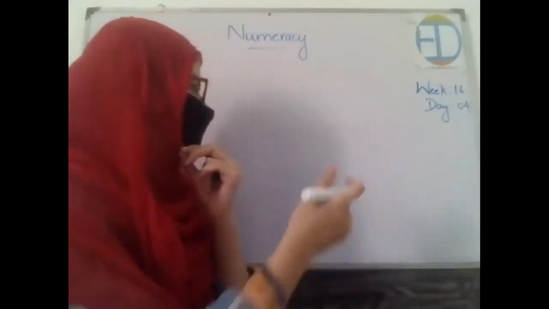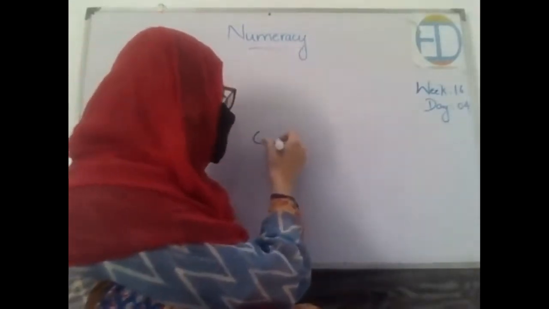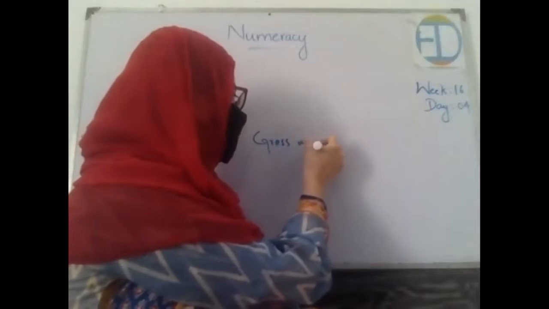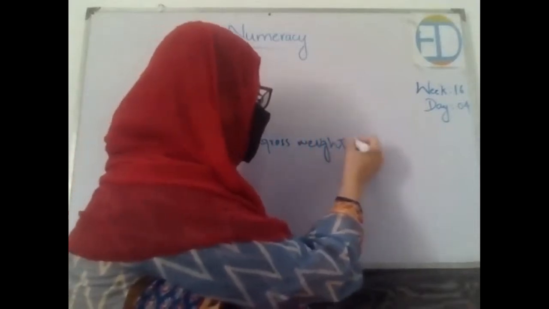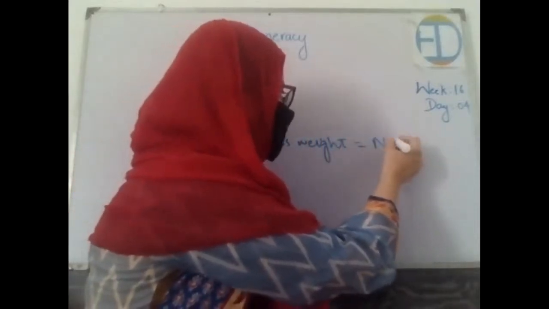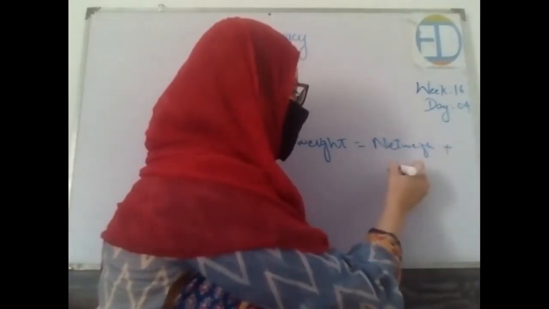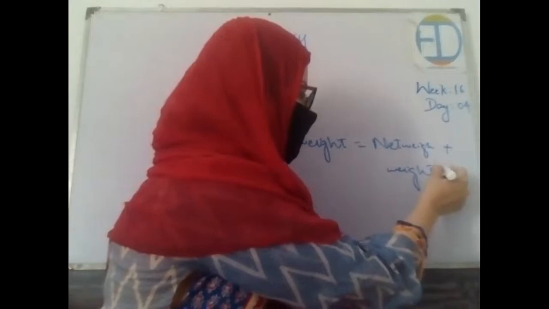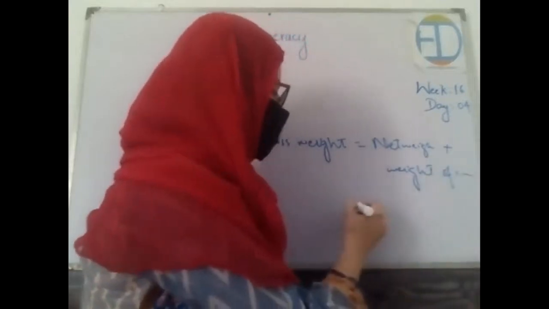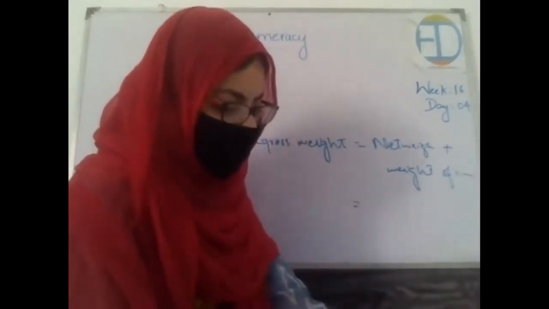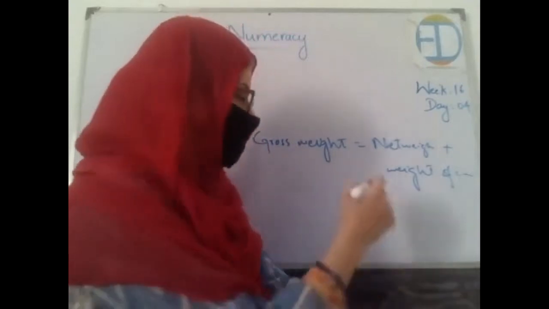So we know that the gross weight is the net weight of the object plus the weight of the container or the tin, right? So the net weight of peaches is what? 820 gram.